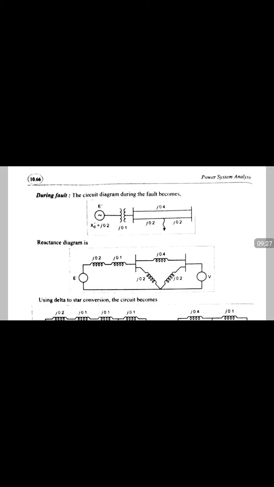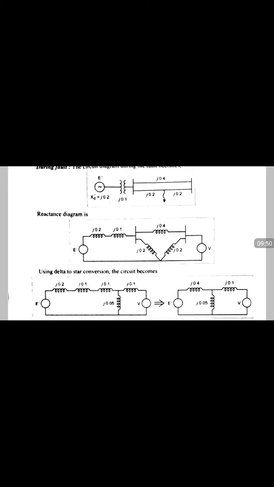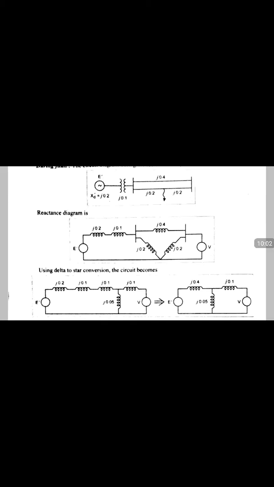When the three-phase fault occurs in your power system, the j0.4 line is divided into two portions, that is j0.2 and j0.2. The reactance diagram given as the modification during fault has E dash, j0.2, j0.1, and the j0.2 and j0.2 lines lying to ground. When the two lines are lying on the ground, we have a delta-like formation in the circuit. So what we are trying to do is convert the j0.4 ohm, j0.2 ohm and j0.2 ohm delta network into a star network.